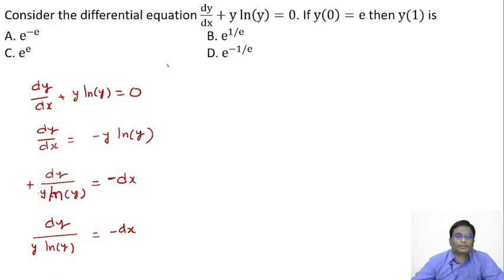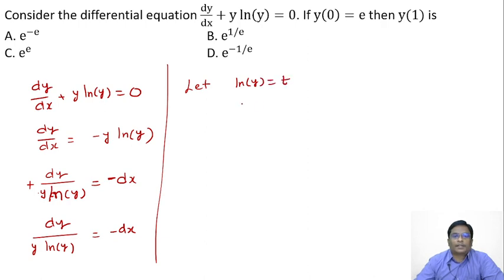Let us substitute: assume ln of y as some t, then 1 by y dy will become dt. Yes or no? Therefore this is 1 by t dt, equal to minus dx.